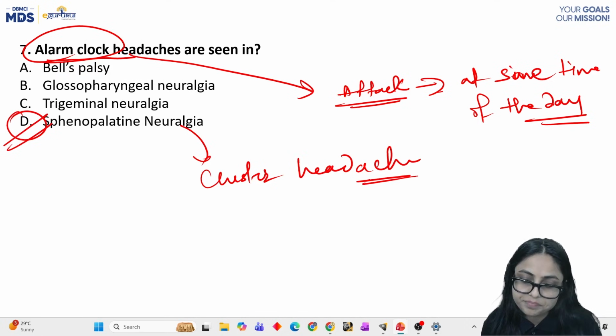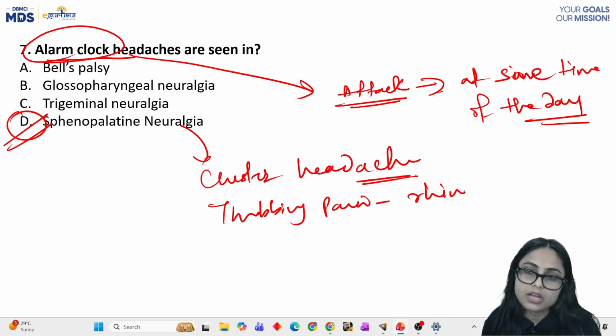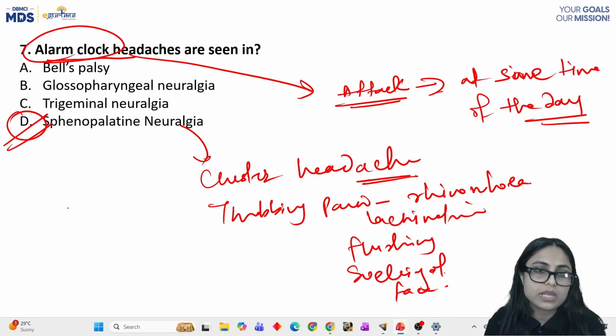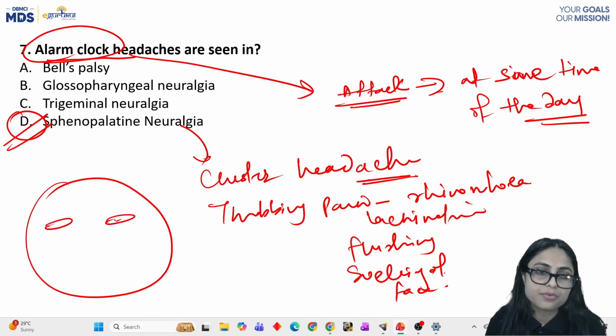Cluster headache. The patient will have throbbing pain in association with rhinorrhea, lacrimation, flushing, and swelling of the face, and the patient will have unilateral pain around the eye.